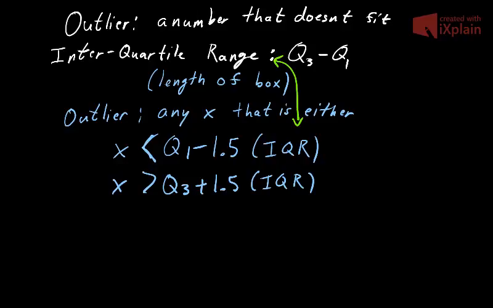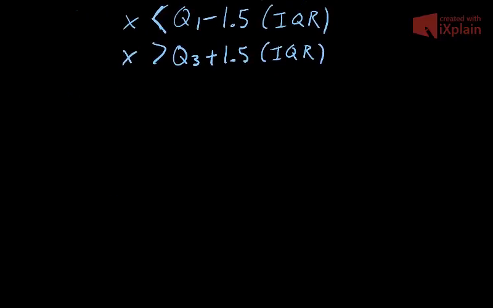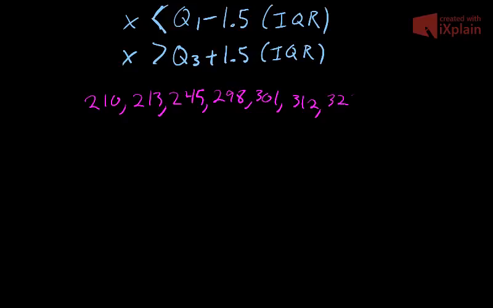And looking here, what I would like to do is first, I'm just going to put down another set of information, and we're going to make another box and whisker plot. So this set of data I'm going to draw in purple, and it's going to have 210, 213, 245, 298, 301, 312, 323, 333.